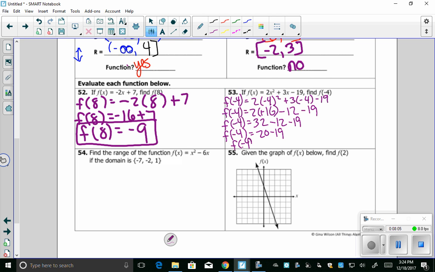So f of -4 is equal to 1. 20 minus 19 is 1.